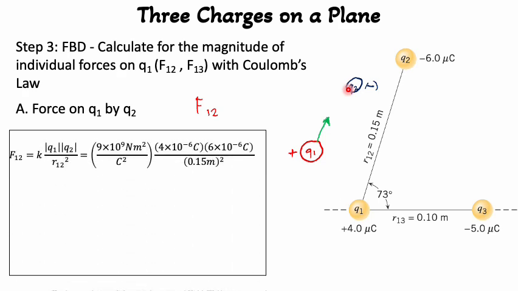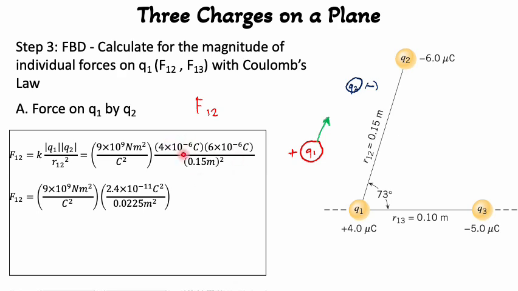So, applying Coulomb's law, we go back to the formula. Substitute the given values for Q1 and Q2: 4 microcoulomb, 6 microcoulomb, and the distance between the two is 0.15 meters. Just substitute the values.